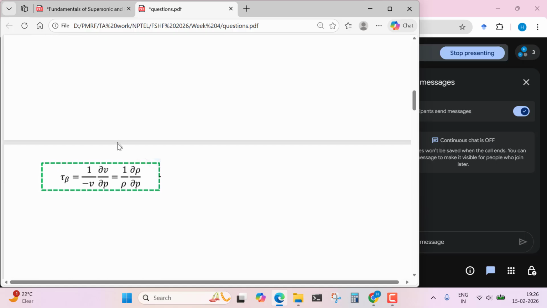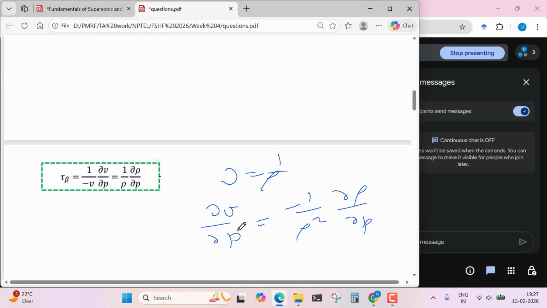So compressibility is given by tau beta equal to minus 1 upon v dou v upon dou p, equal to 1 upon rho dou rho upon dou p. How did we get it? v equal to 1 by rho. So dou v upon dou p will be equal to minus 1 upon rho square dou rho upon dou p.